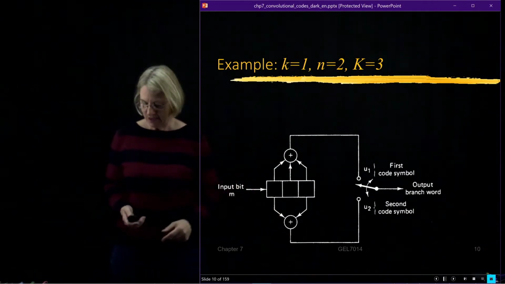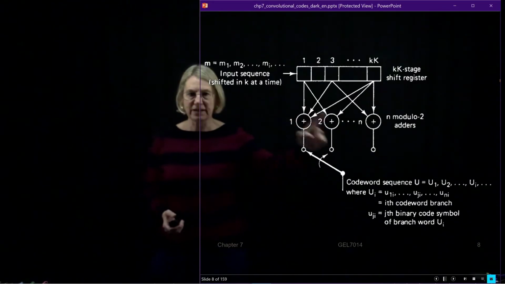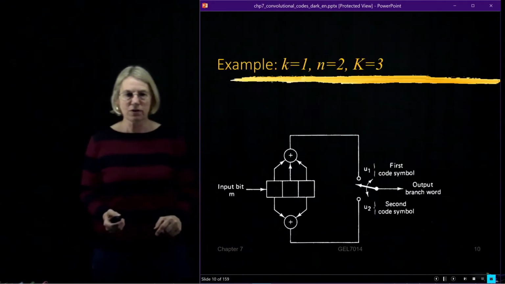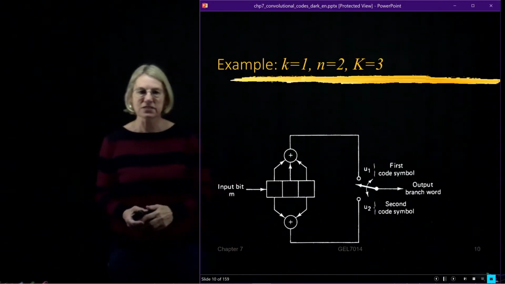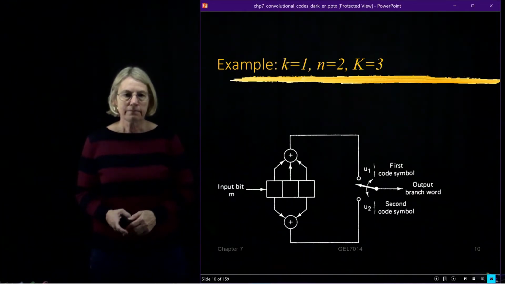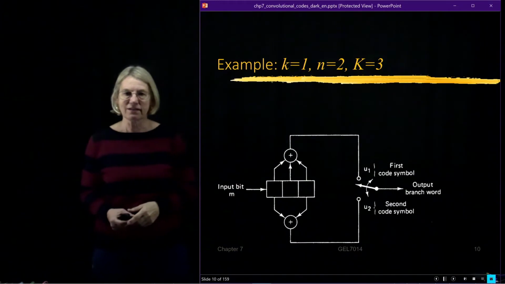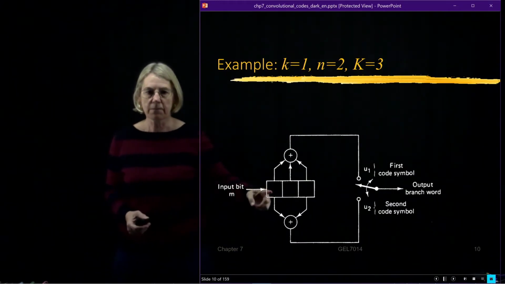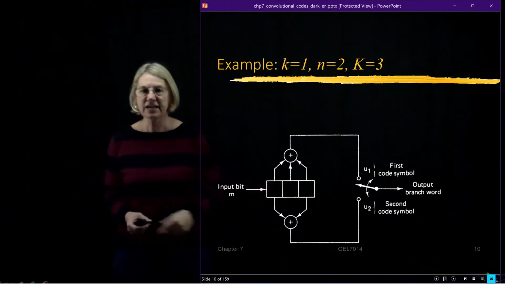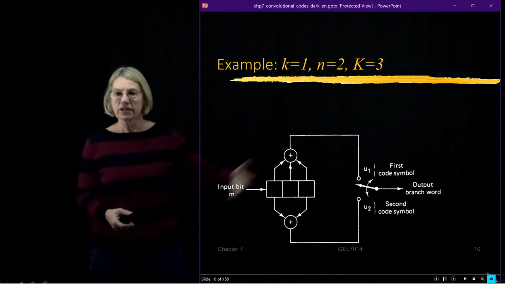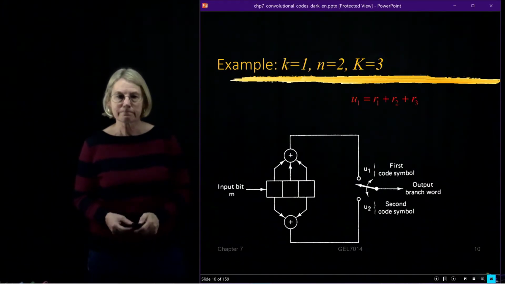So that's why, if we went back, this would have been 2, and these 2, I'm showing one above, one below, just because it's easier to see. And the capital K, which is the constraint length of the code, is the number of shift registers that are in this assembly for the convolutional encoder.